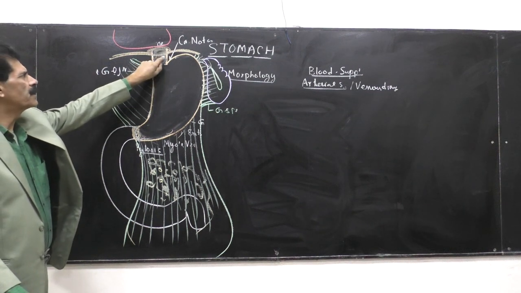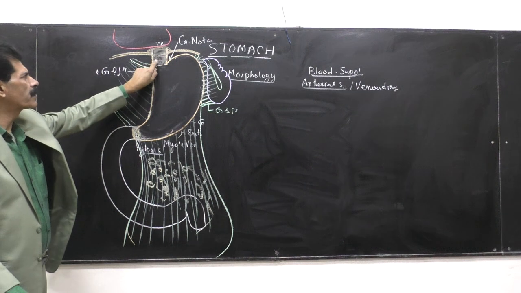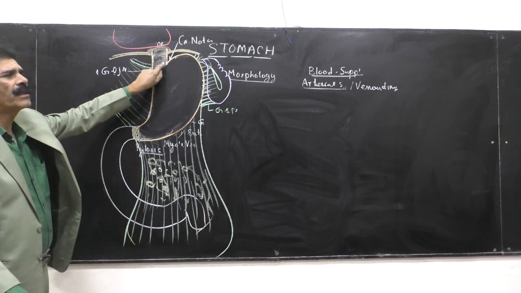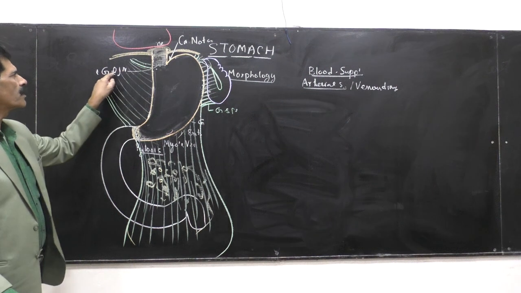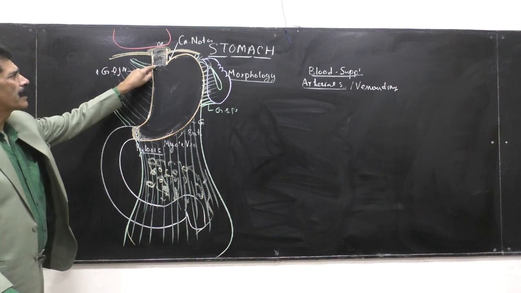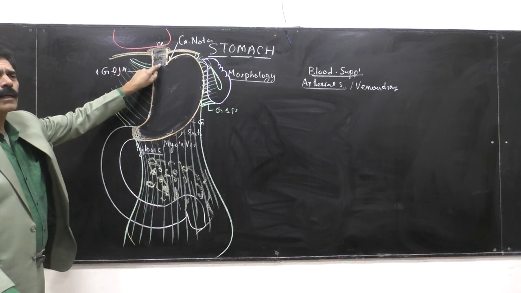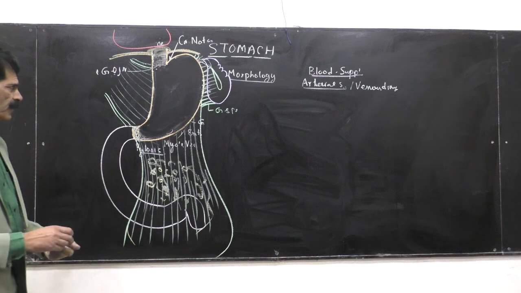So the change in the mucosa of the stomach starts from the lower end of the esophagus. So the histological gastroesophageal junction lies proximal to the anatomical gastroesophageal junction.